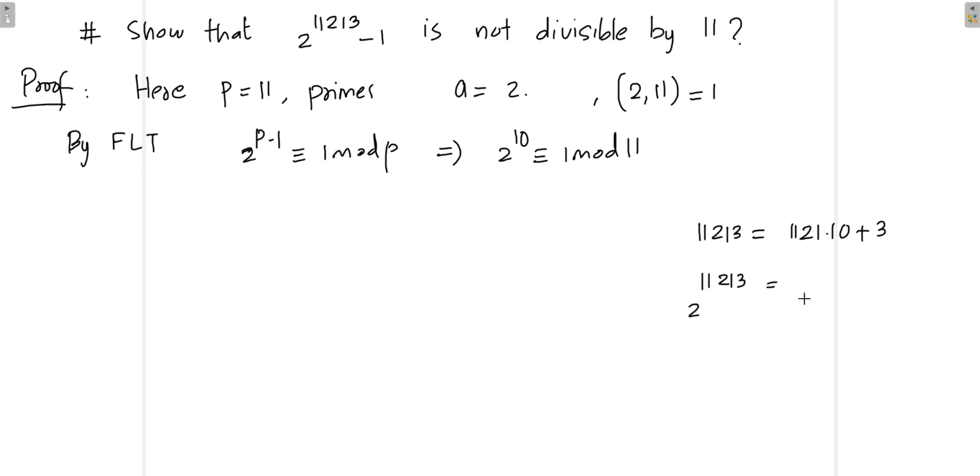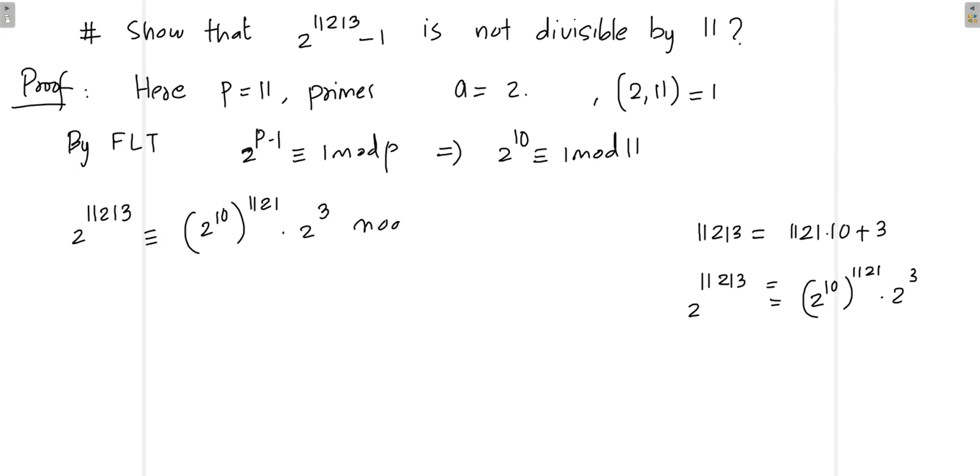So 2 raised to this number should be equal to 2 raised to 10 the whole raised to 1121 times 2 raised to 3. So 2 raised to 11213 should be congruent to 2 raised to 10 the whole raised to 1121 times 2 raised to 3 mod 11.